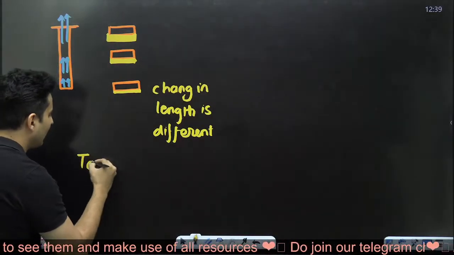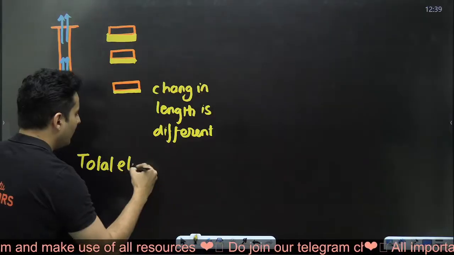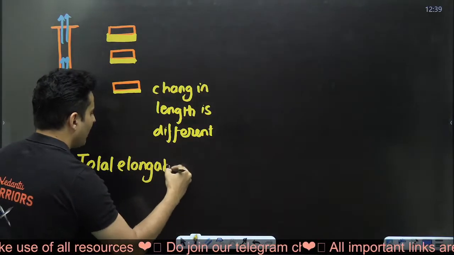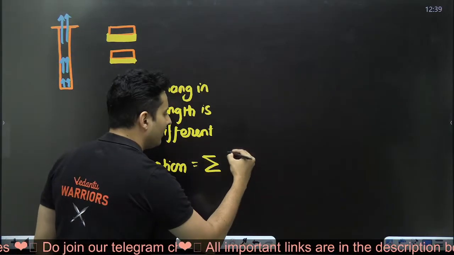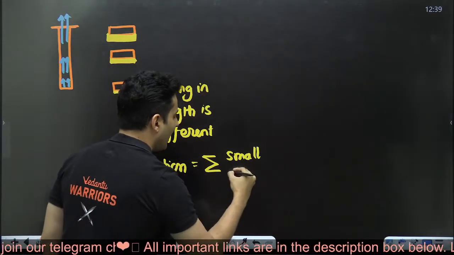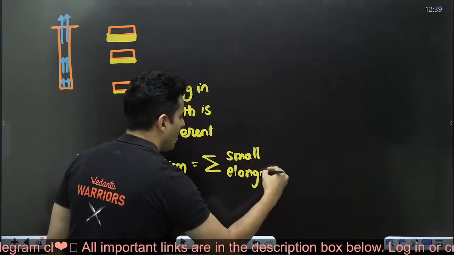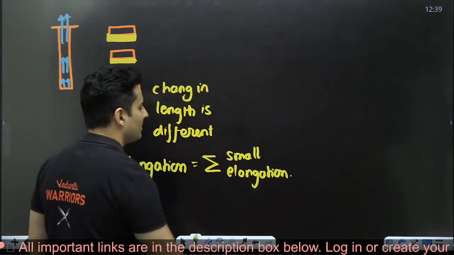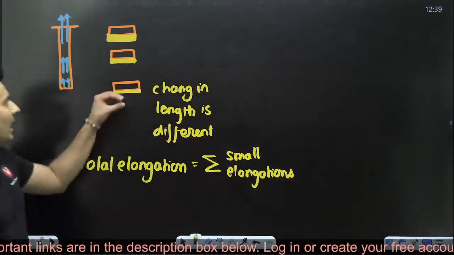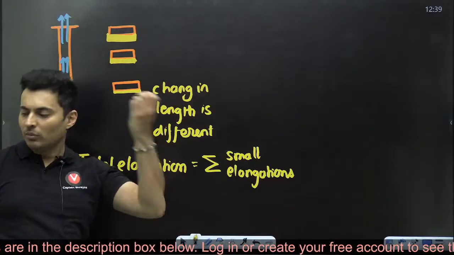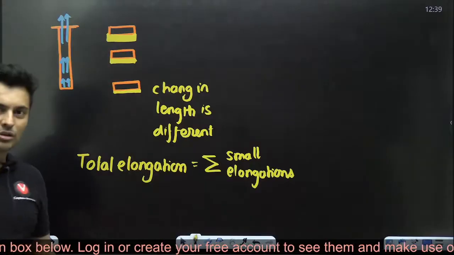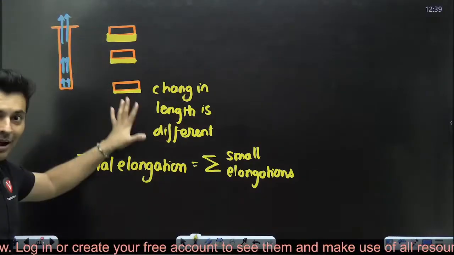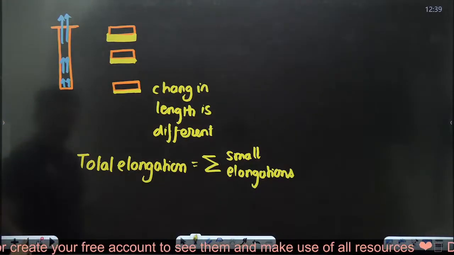So can I say that the total elongation is nothing but the sum of all the small elongations that are going to happen at each and every point? That means I need to involve integration. Understood, my dear warriors? So that is how critical, how important this problem is.